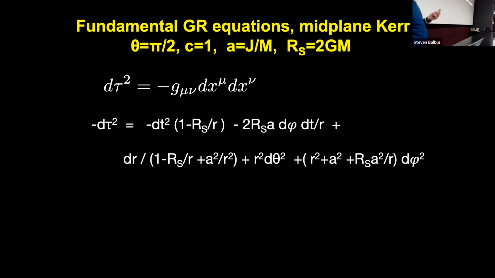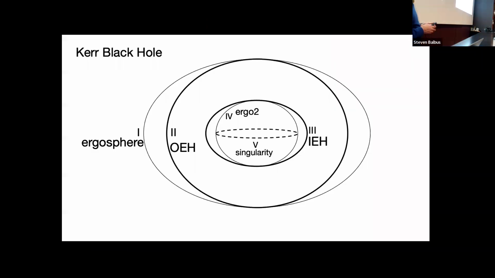Now, what's really interesting, this is a descriptive account of what happens when you get very near a Kerr black hole. In a Schwarzschild black hole, it's interesting, but rather simple. When you get to the Schwarzschild radius, 2GM over c squared, that's called the event horizon, and that's the point of no return.